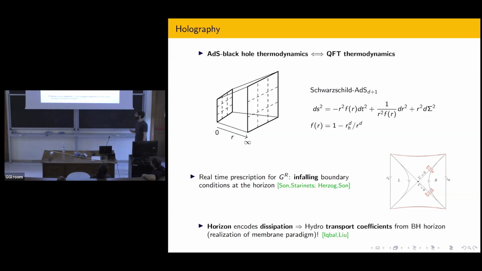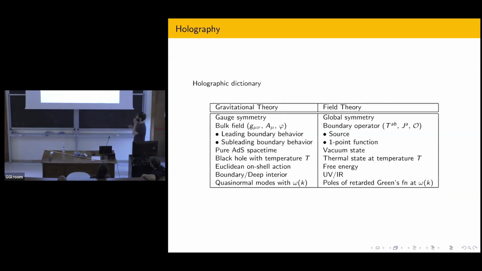Okay, and this ties very well with the fact that in general we expect the horizon to encode dissipation, and an incarnation of that is that hydrodynamic transport coefficients are usually computed, not usually, always as far as I'm aware, from black hole horizon calculations. Okay, so I also have a dictionary here. I described some of these correspondences.